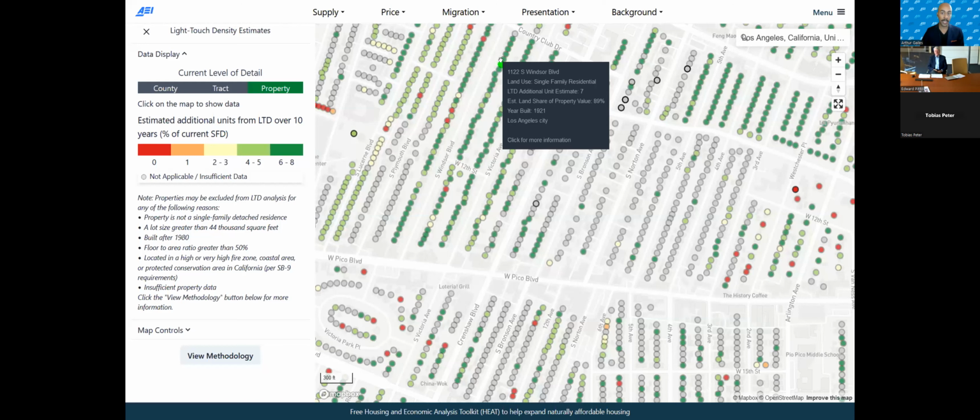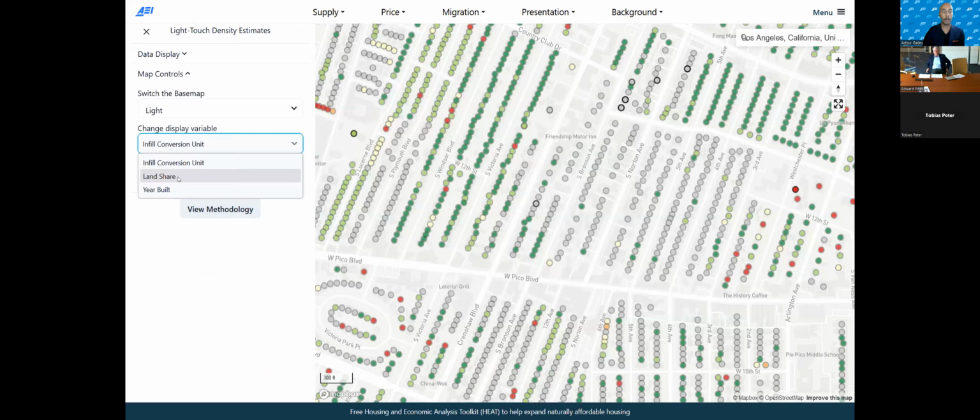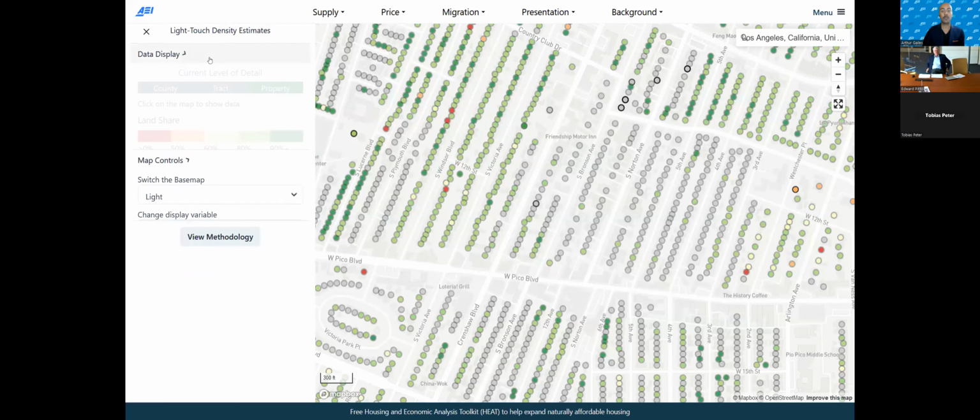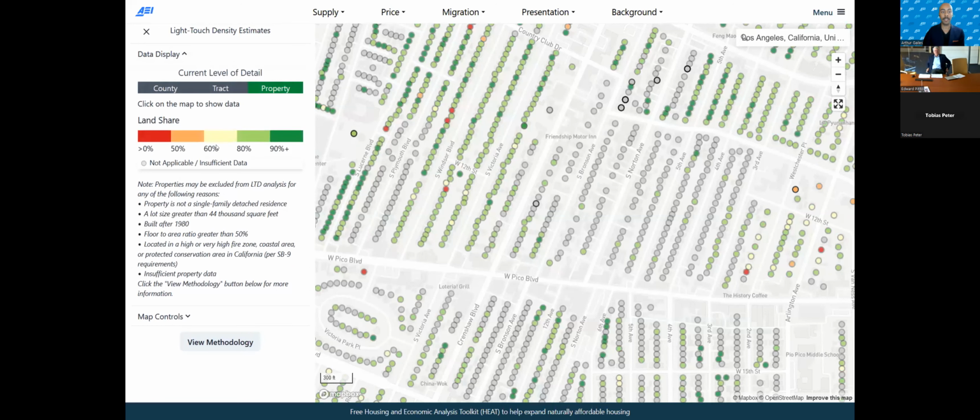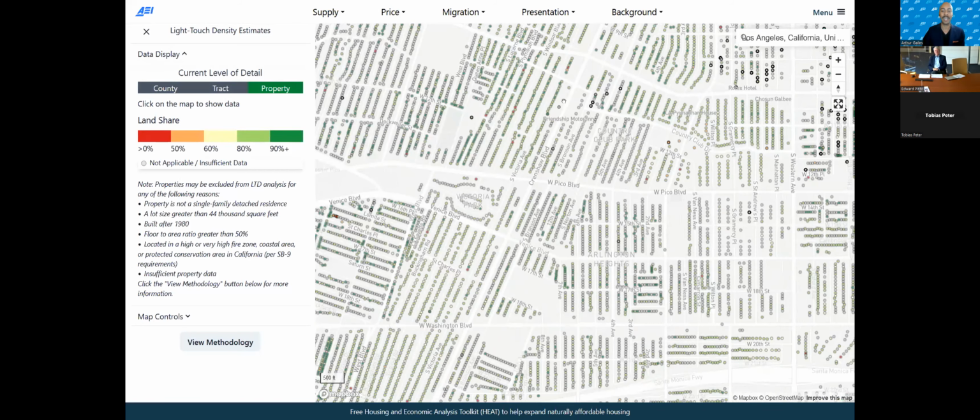And then, as Tobias mentioned, a key insight here is the land share of the given property, because that allows us to determine what share of the value is present in the land, in the location, versus the structure itself. And in the map, we can even show, again, looking property by property or by census tract, the actual land share of these given properties, which ranges from 0 to 90 to 100% if it's a vacant lot.